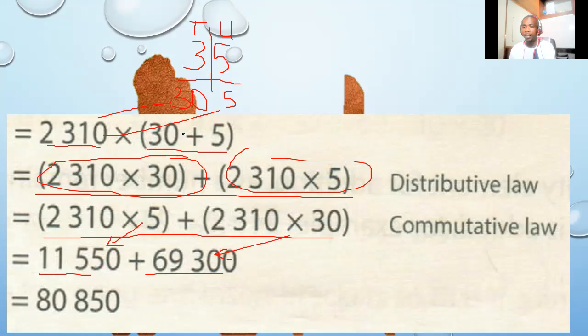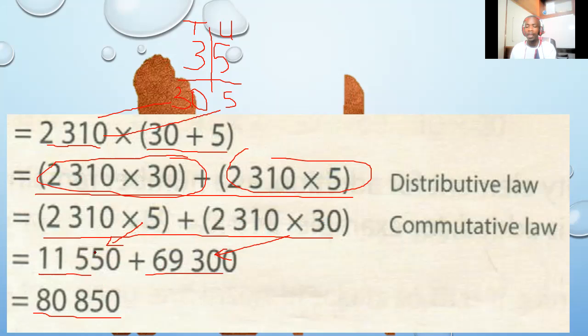So because here we have broken this number into different parts where we can add them, we are now adding the product of this and the product of this to get a sum here. So the product of 2,310 times 5 is 11,550. The product of 2,310 and 30 is 69,300.